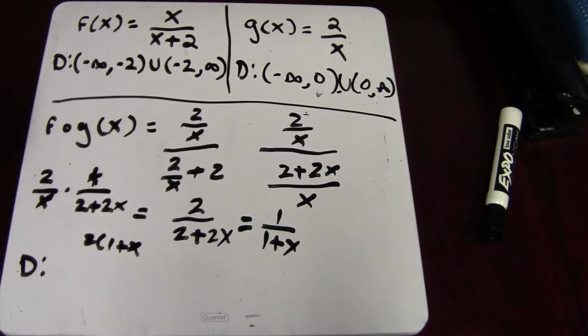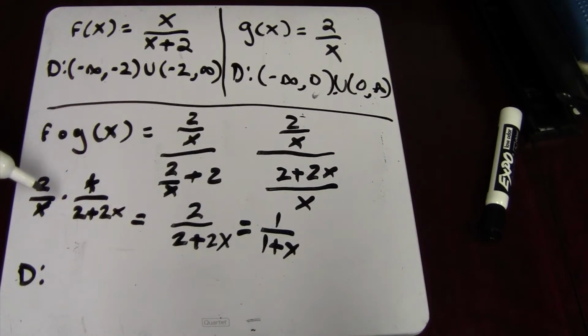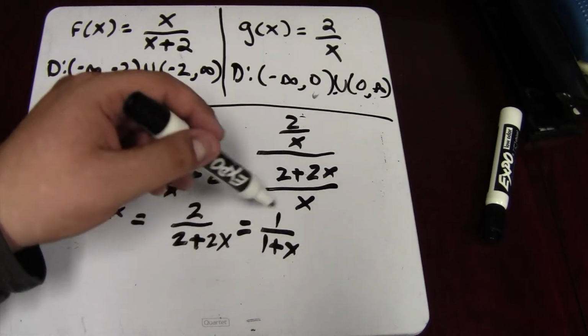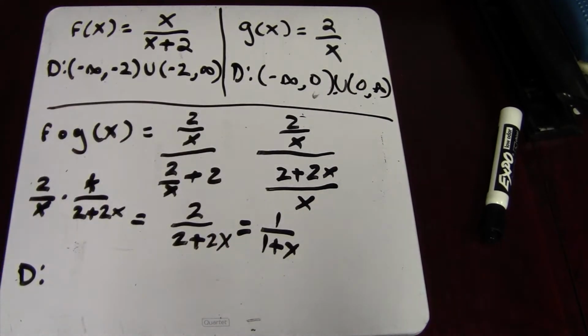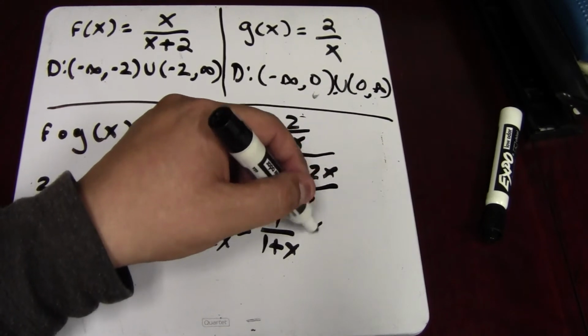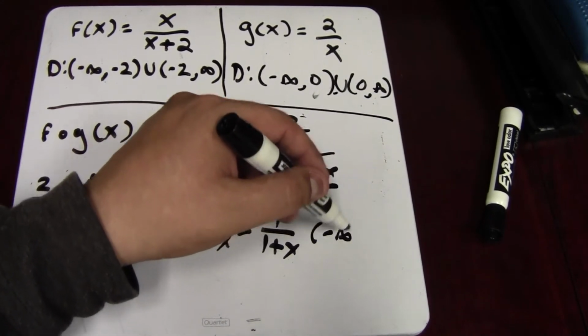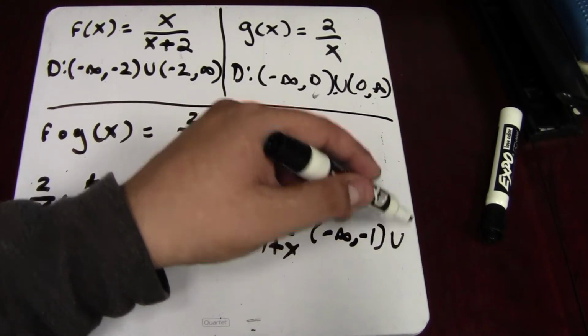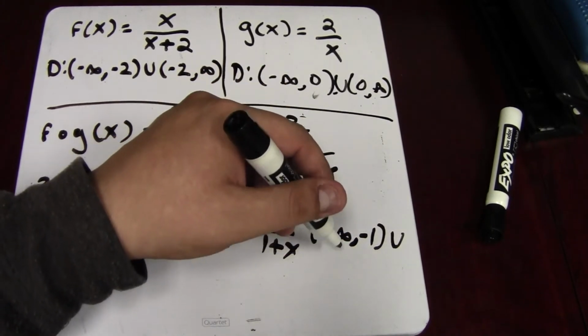Now, dealing with the domain here, first off, we have to examine what's the domain of this. Now, the domain of this one is negative infinity to negative 1 union negative 1 to infinity.